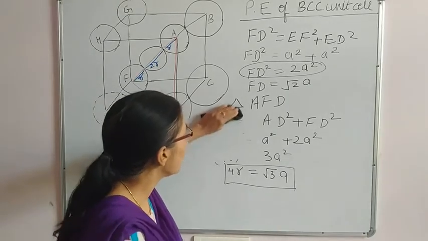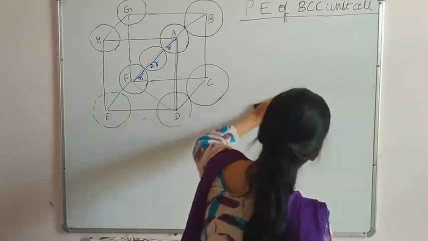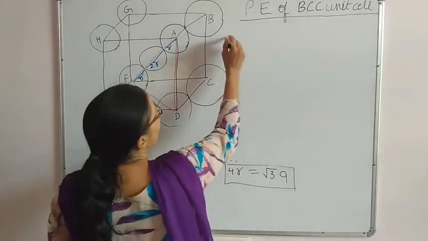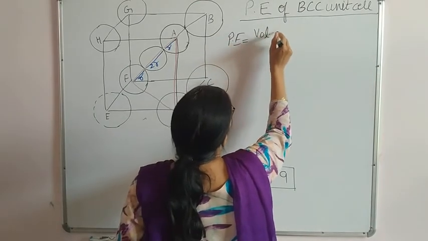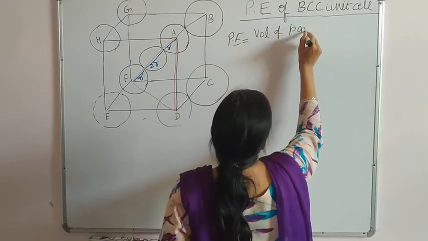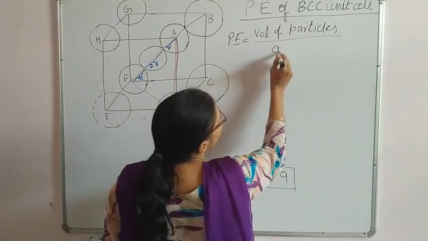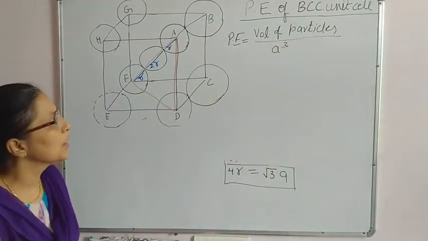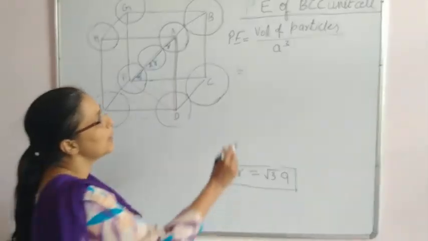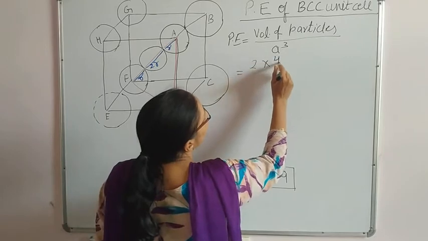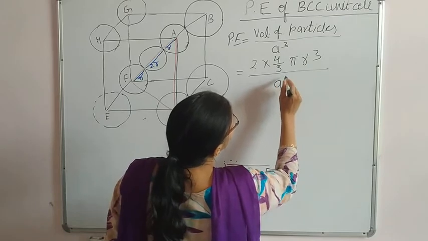For packing efficiency, I am writing again the formula: packing efficiency is equal to volume of particles divided by volume of unit cell, that is A cube. The total number of particles in the BCC unit cell is 2, so it is 2 into 4 by 3 pi r cube divided by A cube.